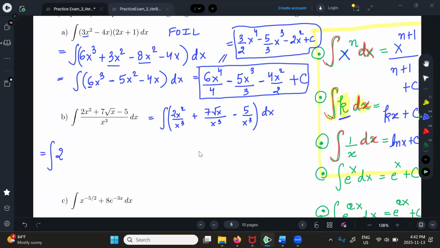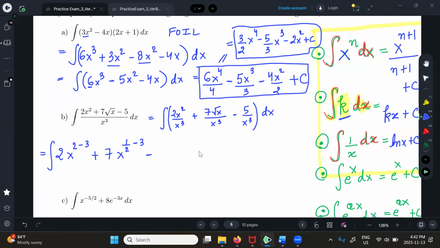So simplify it one more time. The 2 remains. The power will be top minus bottom. Same thing. The 7 remains. Power will be, well, the top power is 1/2. So it will be 1/2 minus the bottom power, which is 3. Make sense?